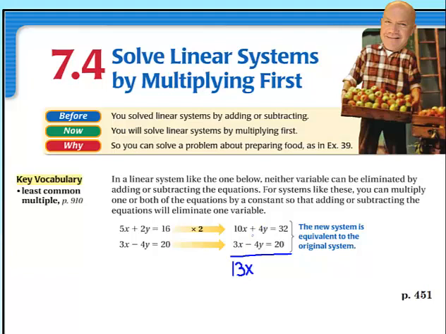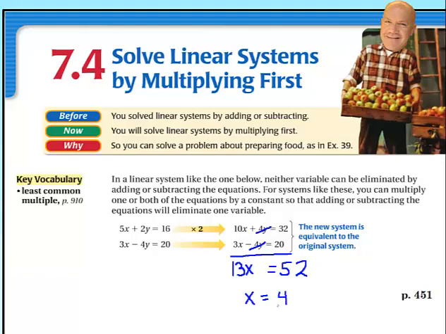The plus 4y added to the negative 4y, those are opposites, so they cancel to 0y or just 0. And on the right side of the equal sign, when we add 32 plus 20, we get 52. We've now changed the system to just one rather simple equation, and we can solve this by dividing both sides by 13, so x is equal to 4.